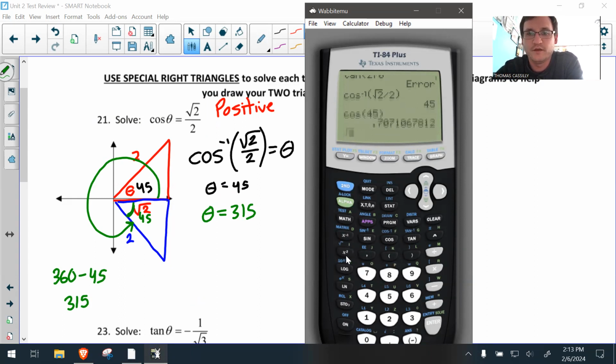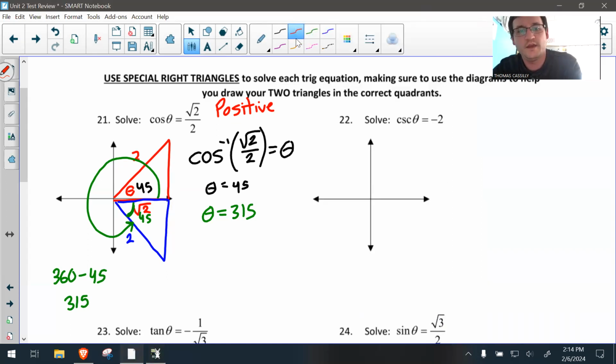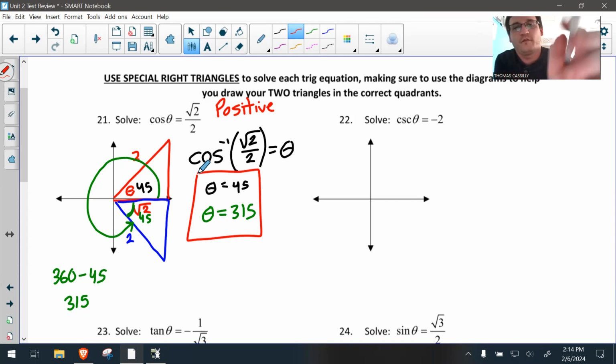If I just type that in, square root of 2 divided by 2, that's going to give me that same decimal, right? So the cosine of 45 equals that decimal. Let's do it again with the 315. So the cosine of 315 here is that same decimal. So these are the two answers that go with this one. Right? So those are the two values of theta.